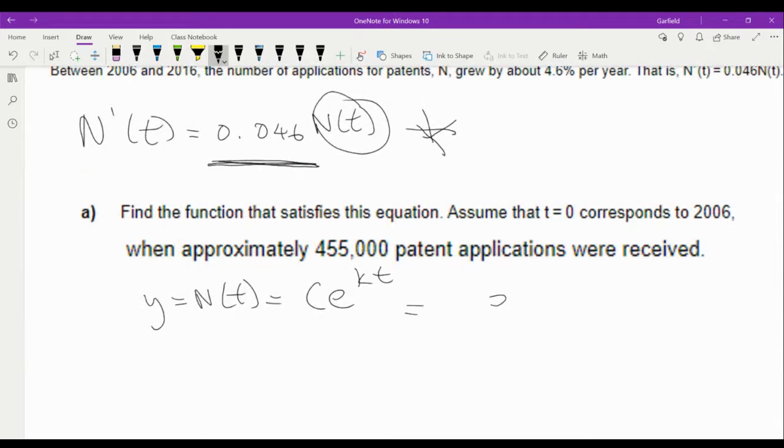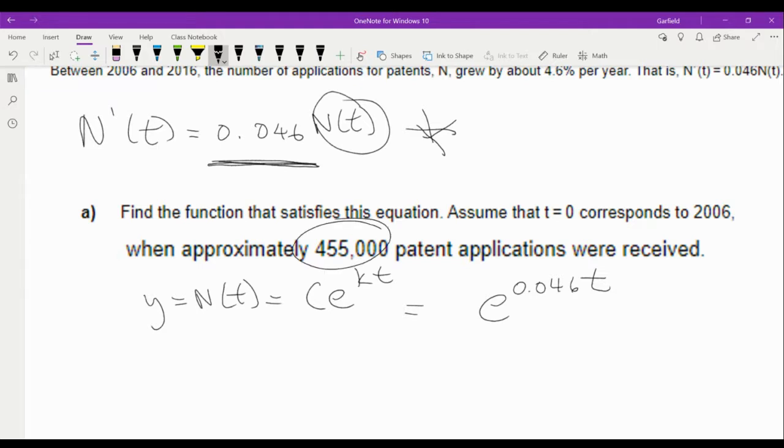So we know this is e to the 0.046 times t, because they didn't tell us time is equal to 0. But we're trying to find a general form first. What is our c? So c is the initial amount.